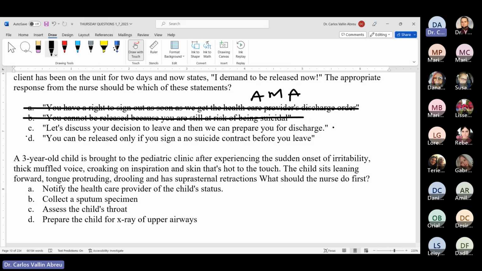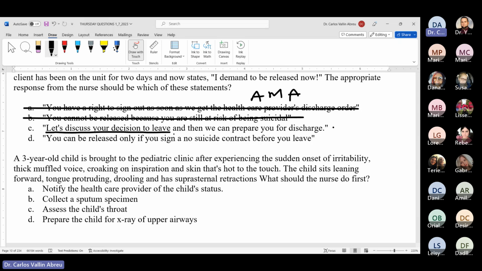So now we're left with C and D. Which one do you think is the best option there? Option C. Yes, obviously C, because C opens the possibility that the client talks to you, an open-ended scenario to speak up about the plans of the client.